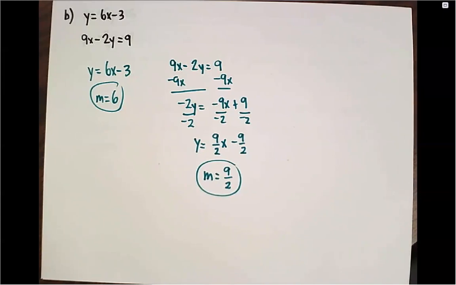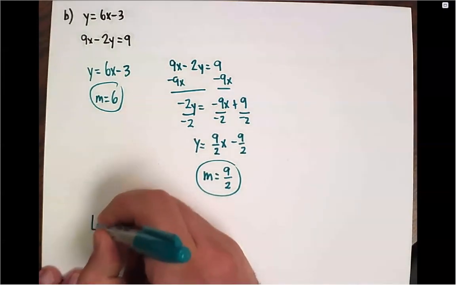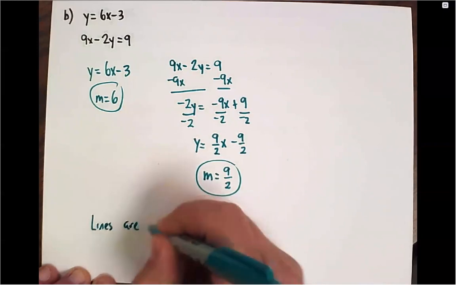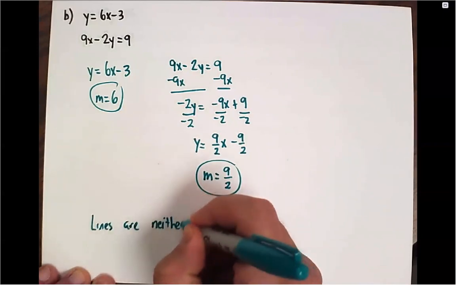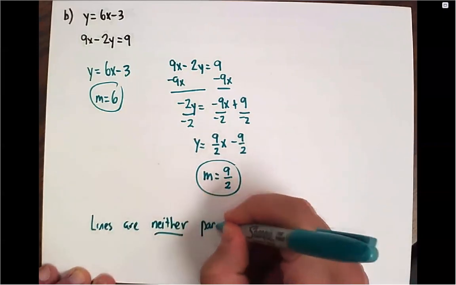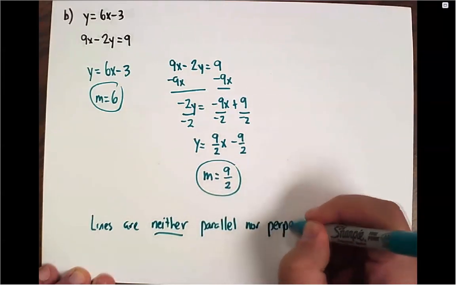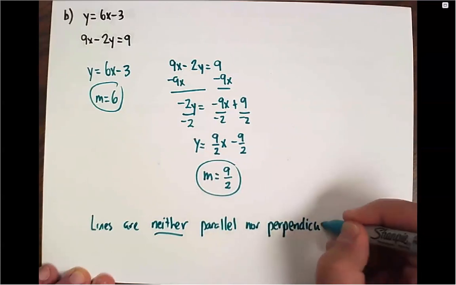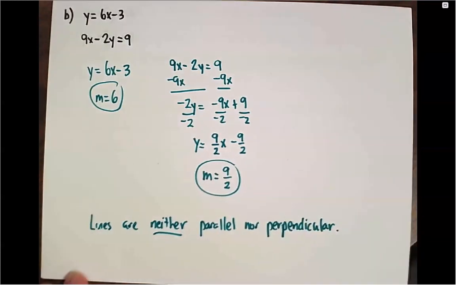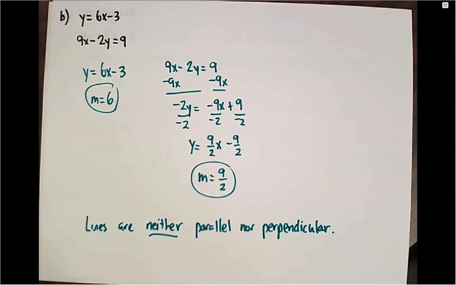So they're not negative reciprocals of each other. They're not equal. These lines are neither parallel nor perpendicular. So you would pick neither. Go to the next one.